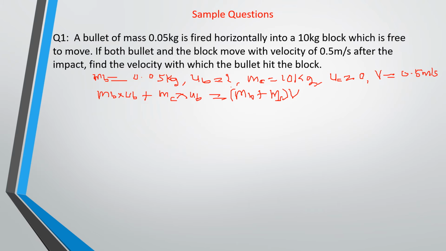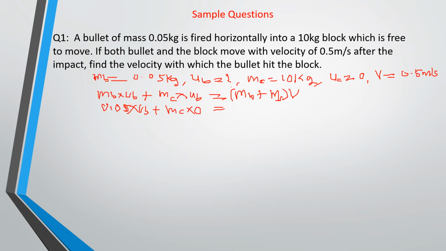Having done this, you can now input the information that you have. So you now have 0.05 multiplied by the velocity of the bullet plus 10 times the velocity of the block. The velocity of the block we said is 0 because it is stationary or it is at rest.